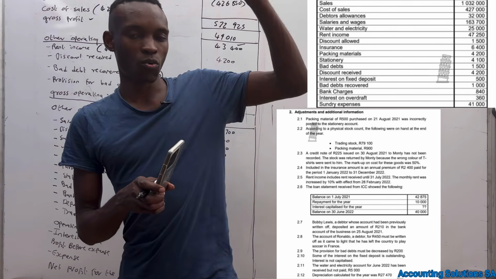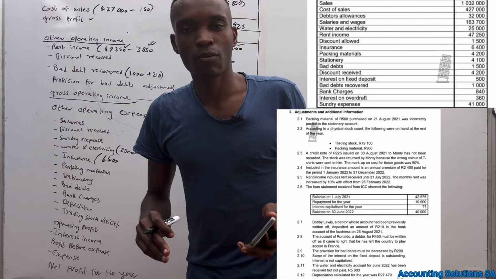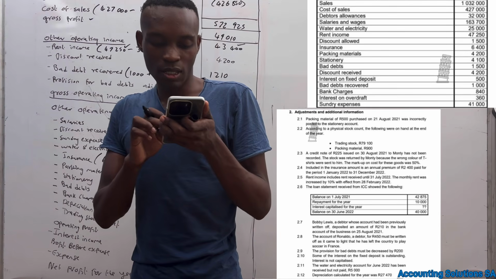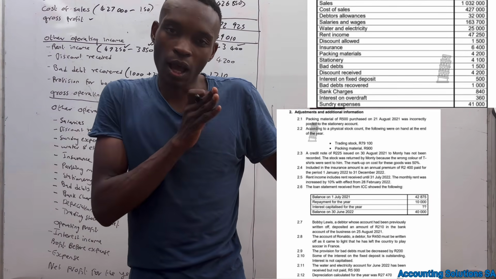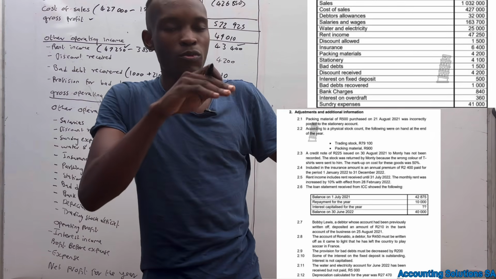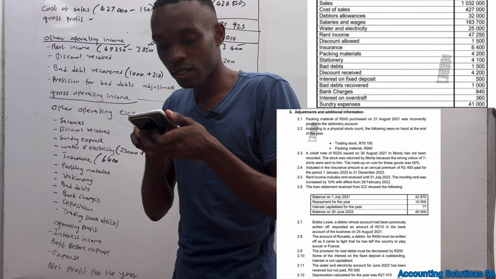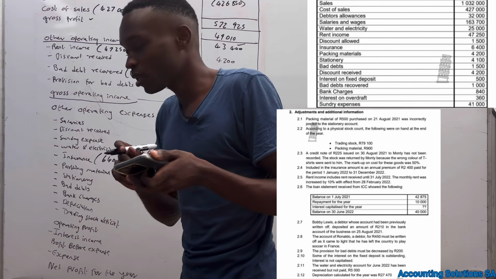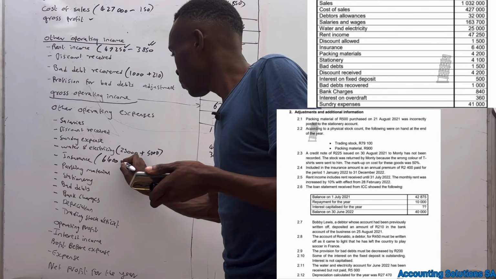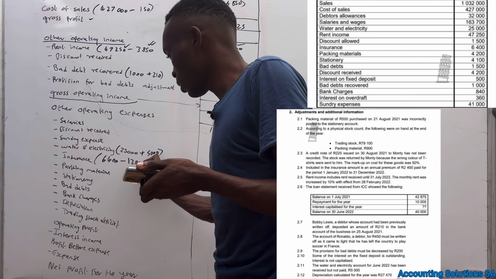It was paid from January until December, and our period is ending June, which means that the only amount that is applicable here is a half, because it's from January until June.